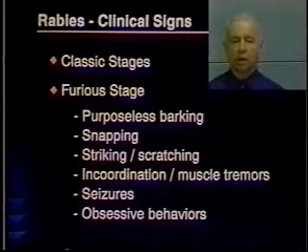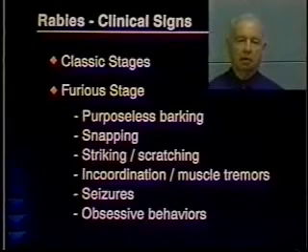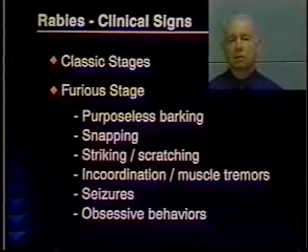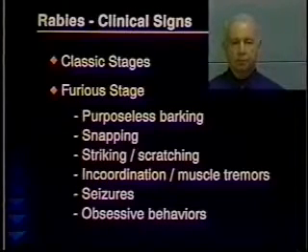Furious rabies is more likely to occur in cats than in dogs, and can be very serious because cats tend to be more commonly affected by the furious form, and in this become more furious than many other species.